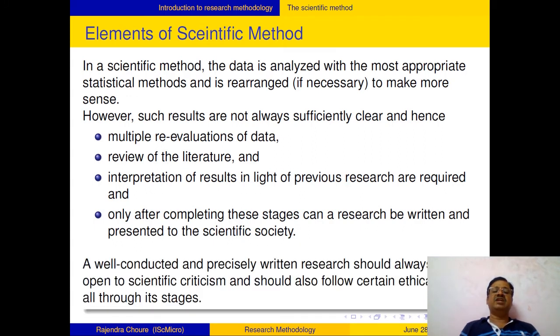A well conducted and precisely written research should always be open to scientific criticism, should always attract questions, and should also follow certain ethical rules all through its stages. It shall not trample on the ethical rules or ethical rights of any stakeholder or any factor of this universe.